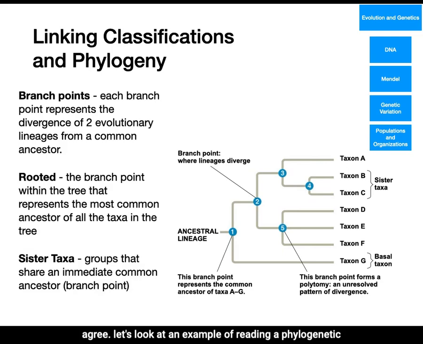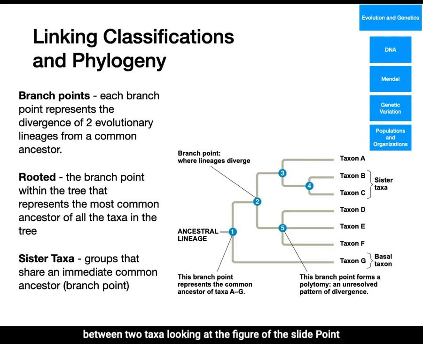Let's look at an example of reading a phylogenetic tree. Any group, say a species, is a taxon, and taxa that are each other's closest relatives are called sister taxa. The numbers on the phylogenetic tree represent the divergence points between two taxa.